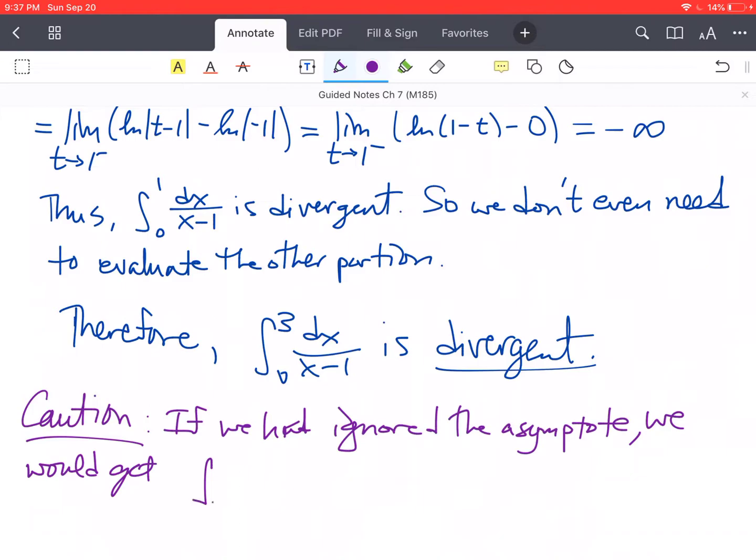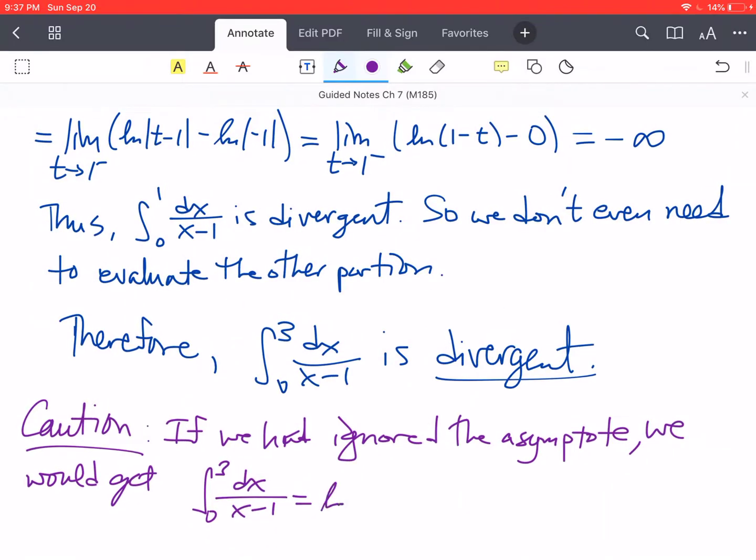So we'd get the integral from 0 to 3, excuse me, the integral from 0 to 3 of dx over x minus 1 would give you ln of absolute value of x minus 1 from 0 to 3.